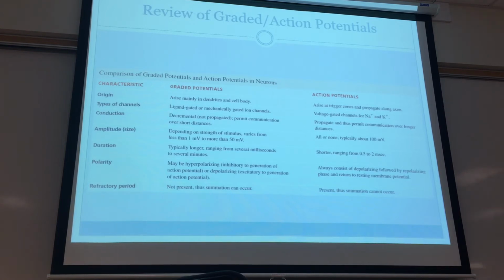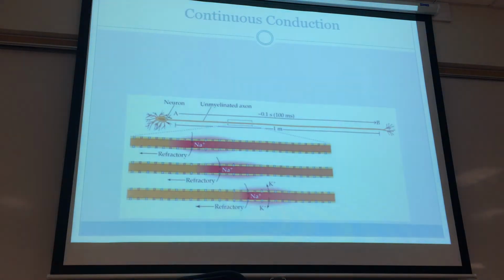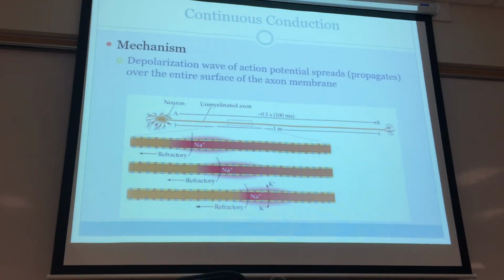But at that point we're going to see the inside becomes positive. It becomes positive for that period where we reach the overshoot, the rising phase, and we're above 0 millivolts. And as that propagates all the way down, you can see what's taking place is the movement of that action potential.